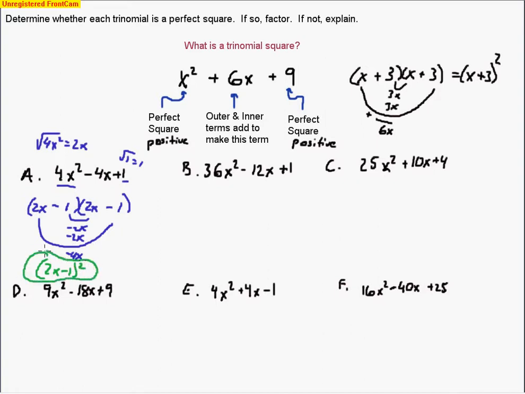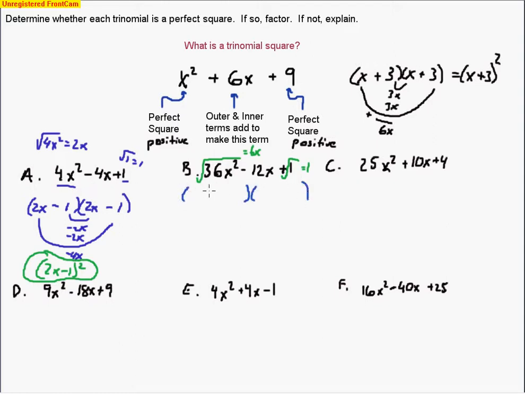So, for instance, on this one, we take a look at the first one, and it is a perfect square. See, if I was to take the square root of this number, that would be just 6x. And this is a positive number, which is good, and if I took the square root of it, it would be 1. So whenever I see the first and last term being perfect squares, my first try on factoring is going to be a trinomial square.